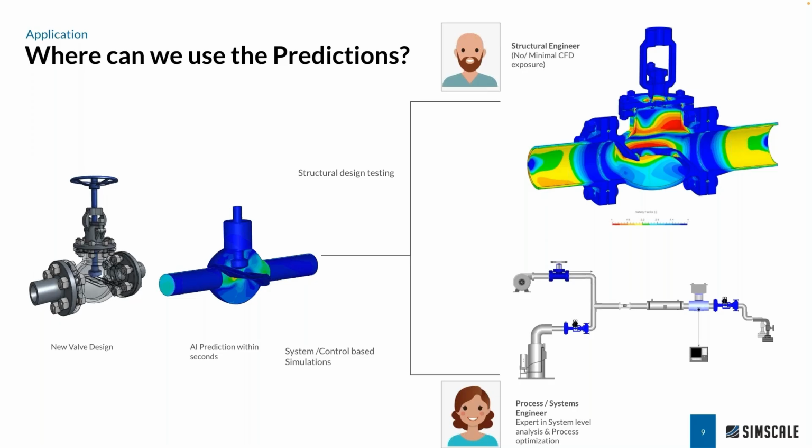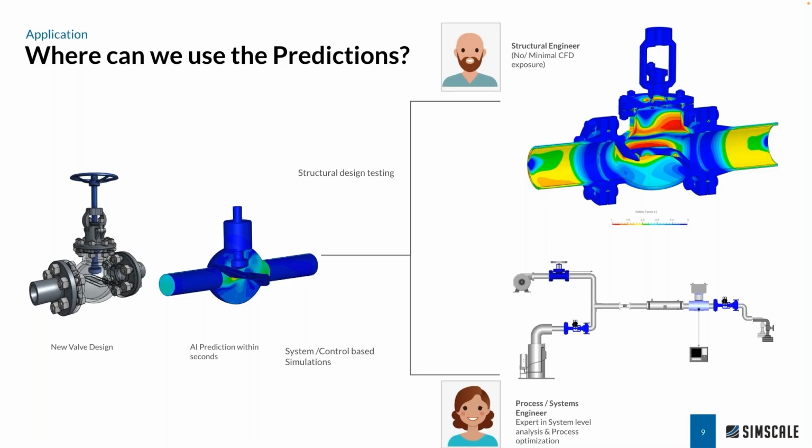That is his task. Something to note here is Tom has several years of structural analysis expertise, but the last time he ran CFD was in university. So he's not that familiar with CFD, and he would still like to use the data from a CFD-driven simulation to make sure his product is actually going to increase in performance.